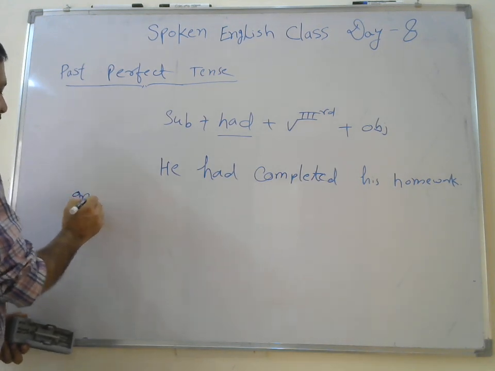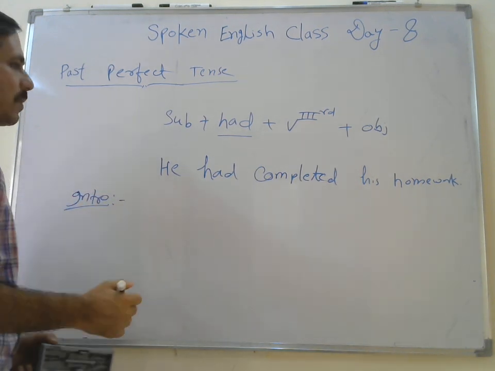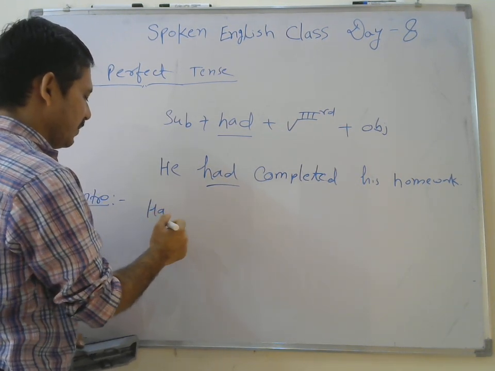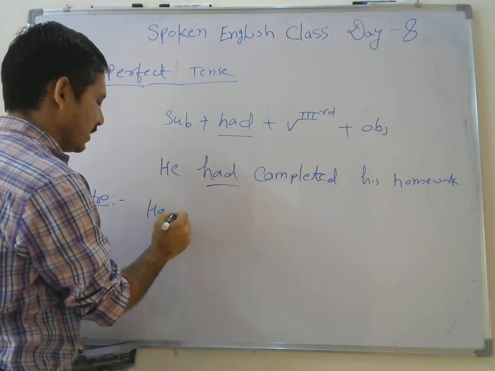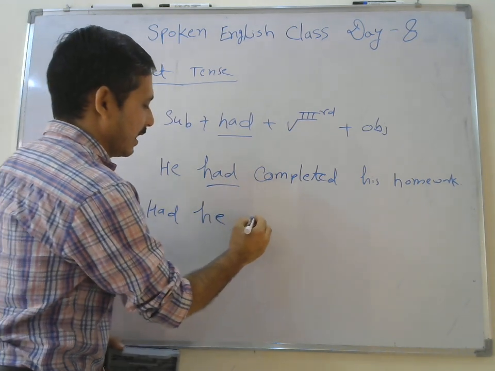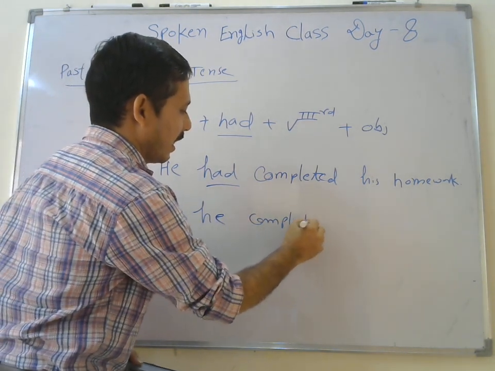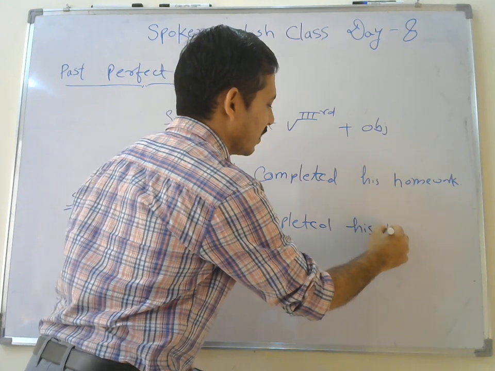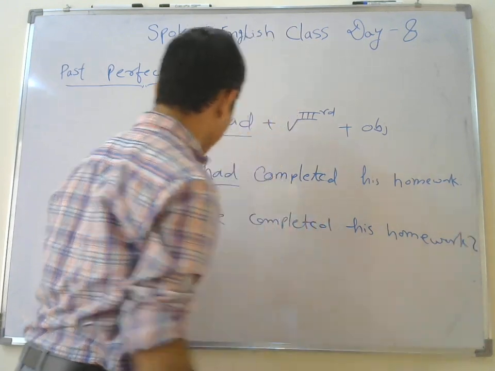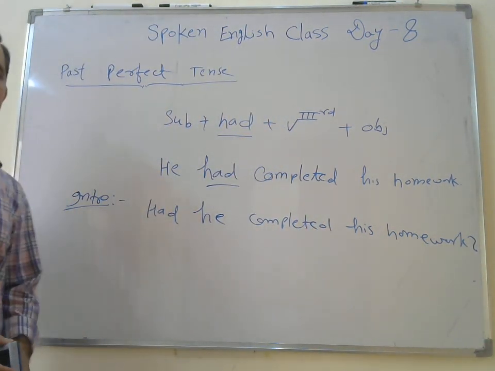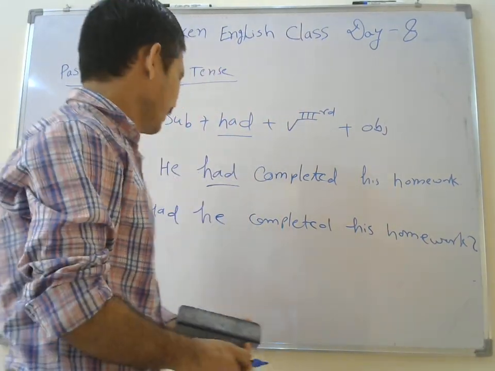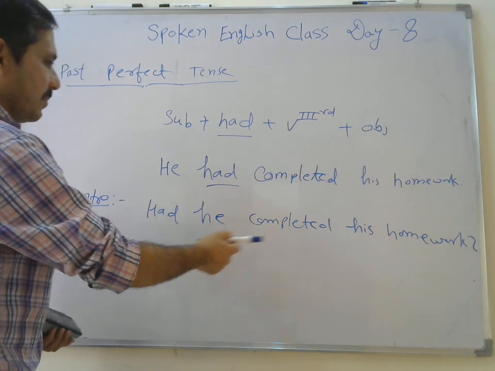Now interrogative: in the interrogative, the helping verb will come at the front, because this sentence will actually be interrogative. Had he completed his homework? Right, friends? So, had he completed his homework?